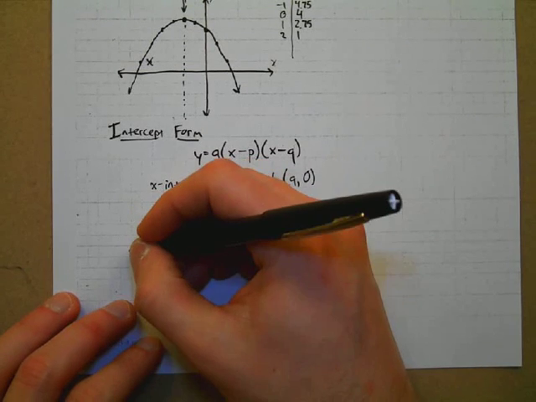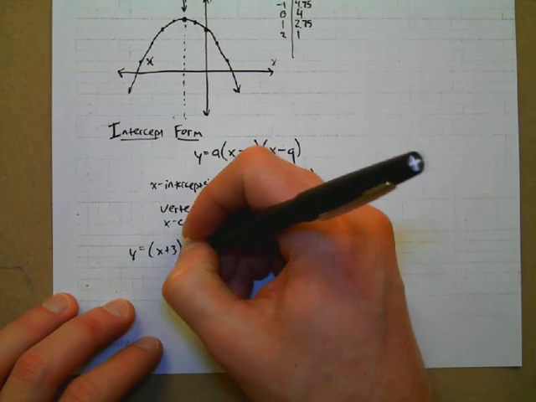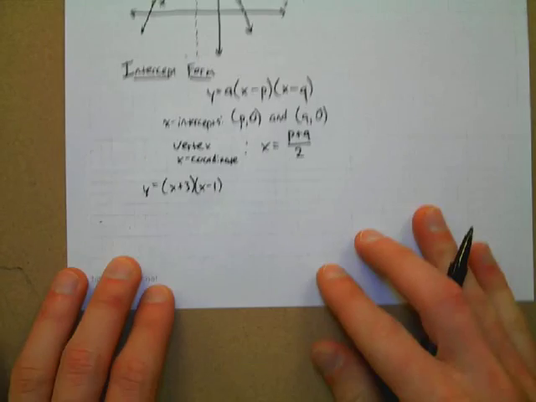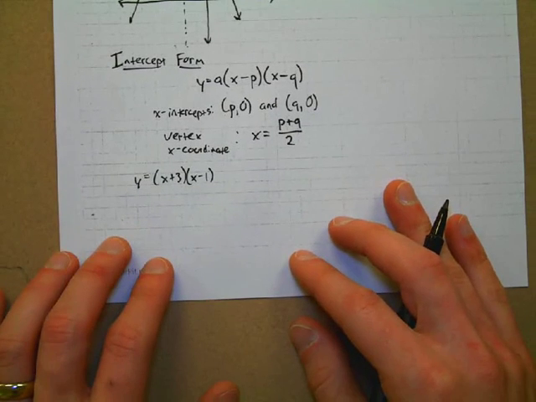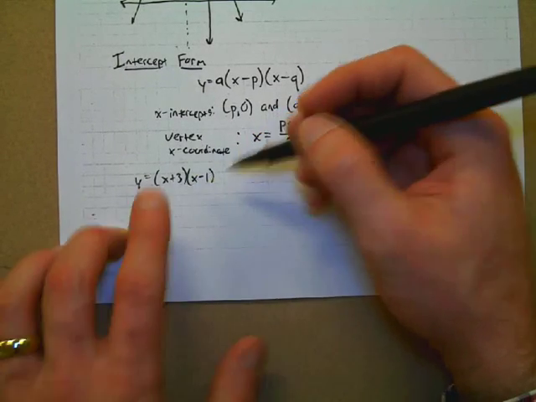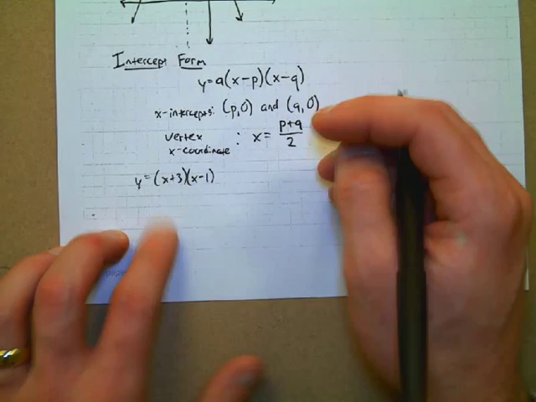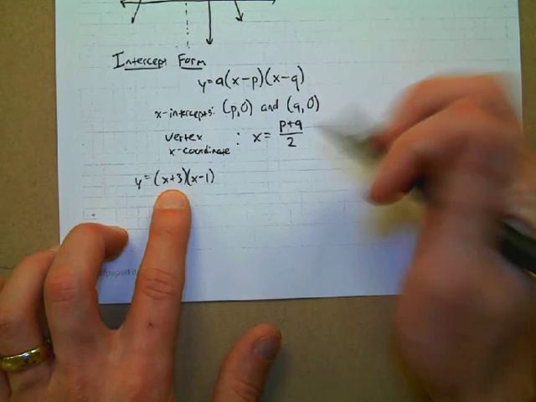If we have x plus 3, then p will be what number? Minus 3 or negative 3. Exactly right. So we have the coordinate (-3, 0). And then what's our q here? x minus q, so the q is just what? 1. So we have those 2 points, and so we can go ahead and plot this graph here real quick.